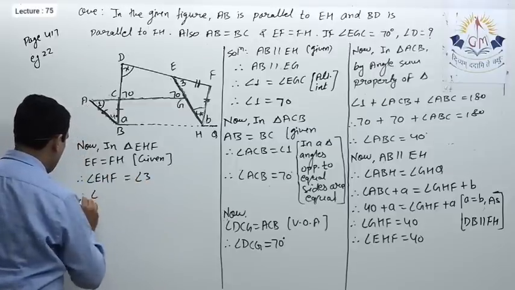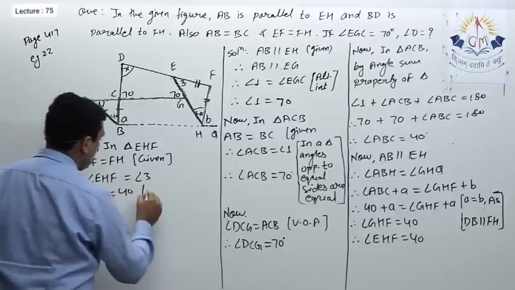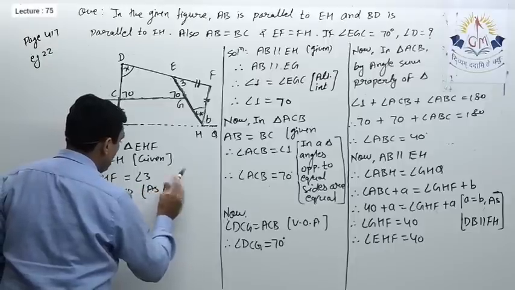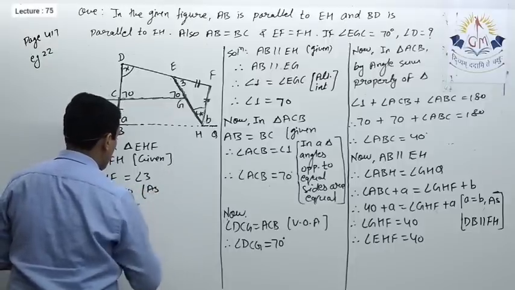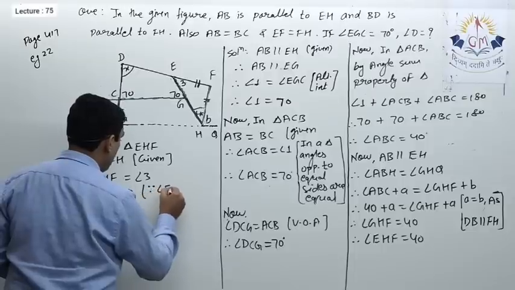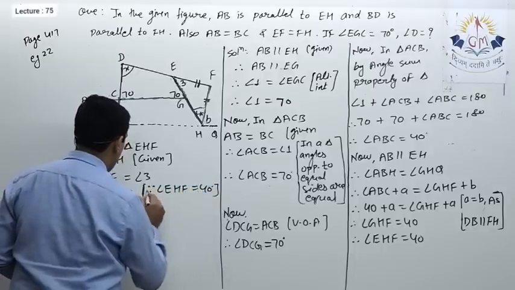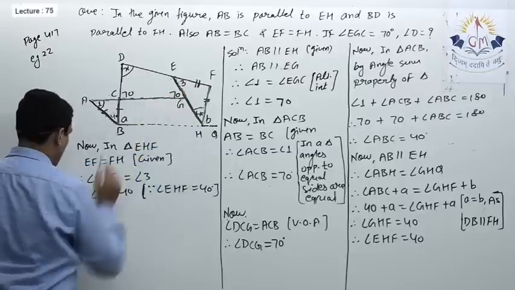Therefore angle 3 is equal to 40 degree, because angle EHF is equal to 40 degree. Okay, so here I got angle 3.